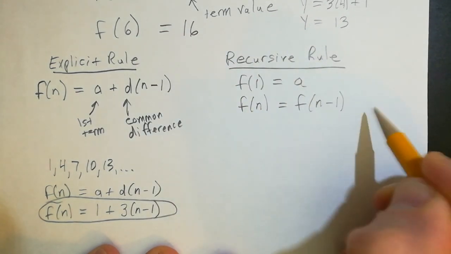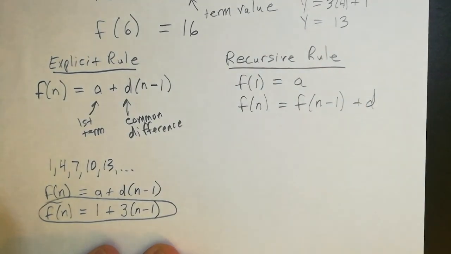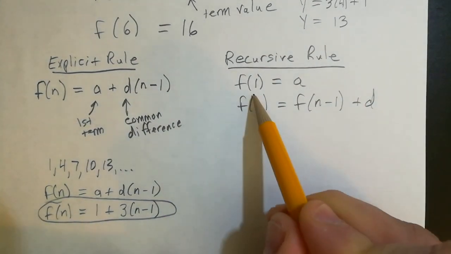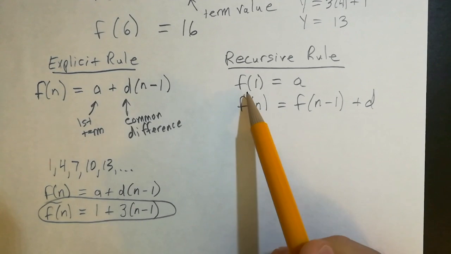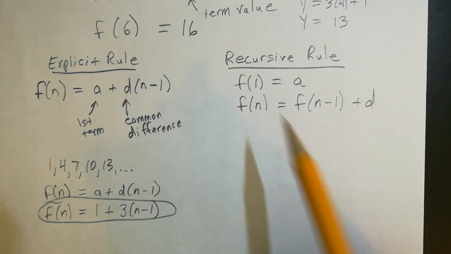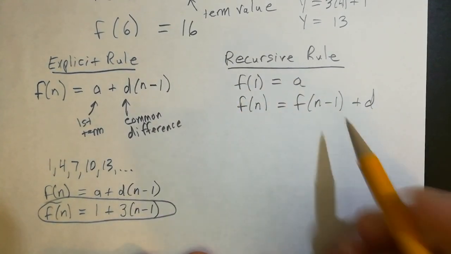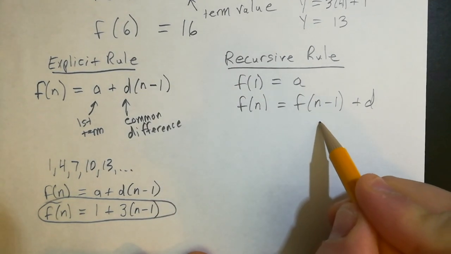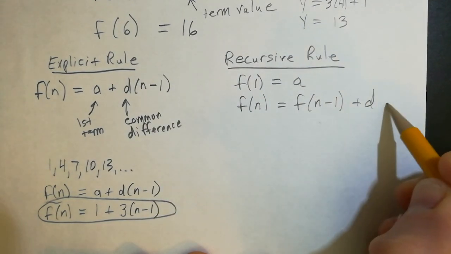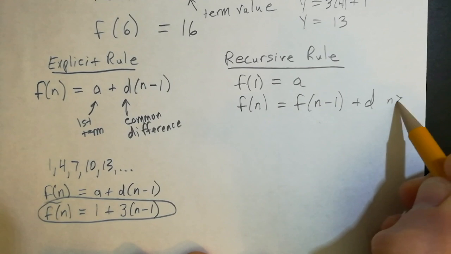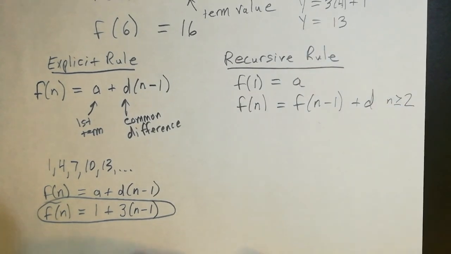And let me talk about what this means. It looks kind of intimidating at first here. But how this works here, the recursive rule is 2 parts. Oh, and I actually need to say n is greater than or equal to 2 here. And I'll talk about that later.